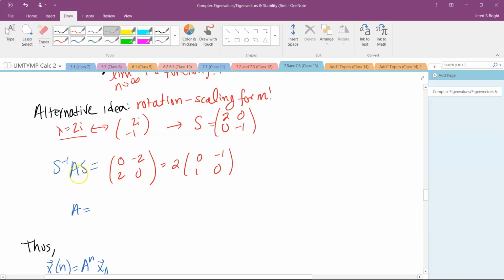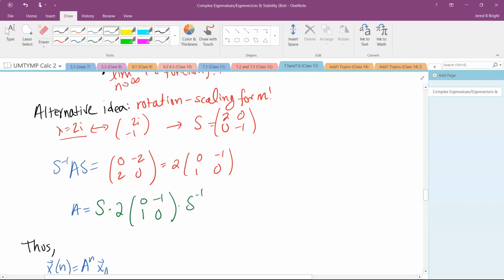Okay, that's fine. And if we wanted to continue to press on, I could move the S matrices to the other side. So this could be represented as S times 2 times the matrix 0, 1, minus 1, 0, times S inverse.